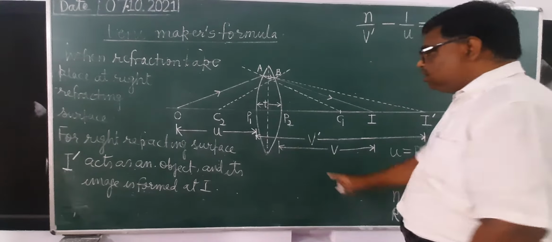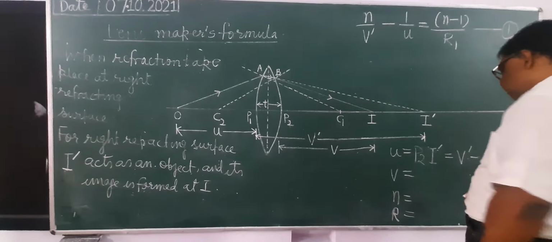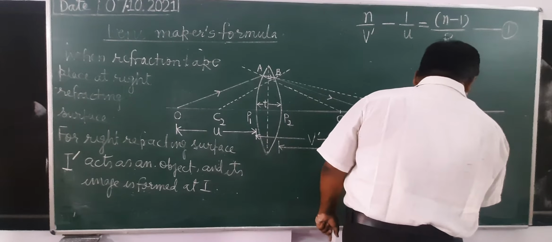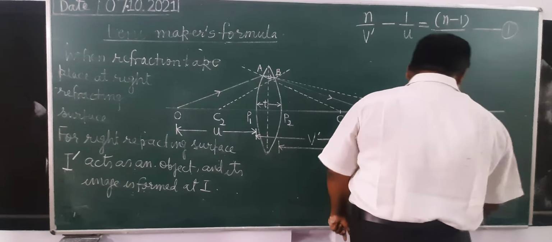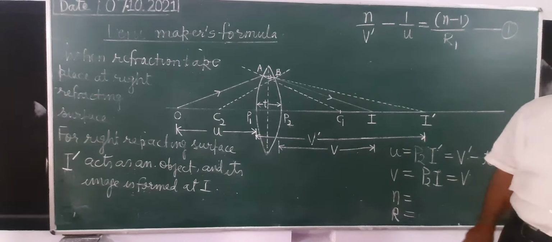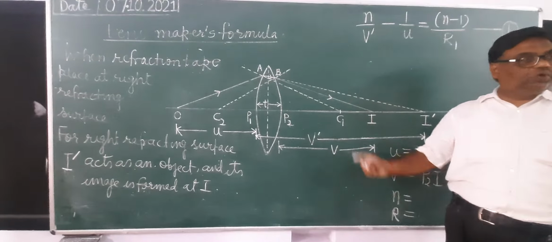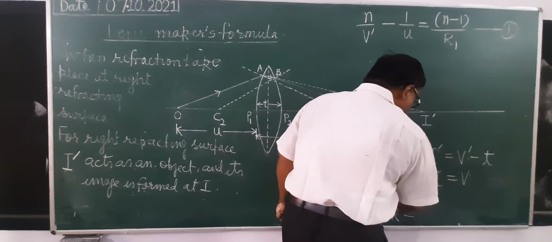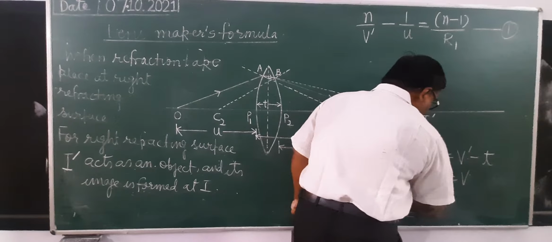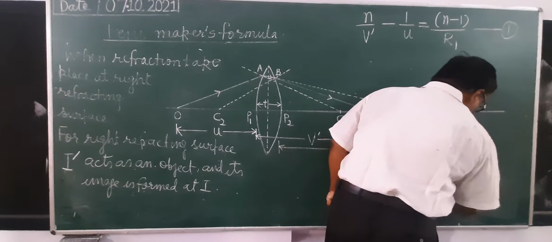What is V here? V will be equal to P2I, which we have taken as... What is n here? Ray of light is going from glass to air, so it will be 1 upon n.